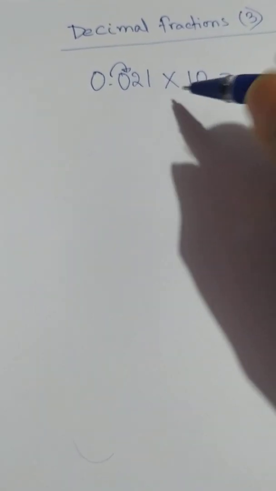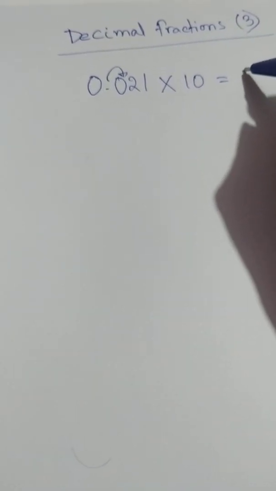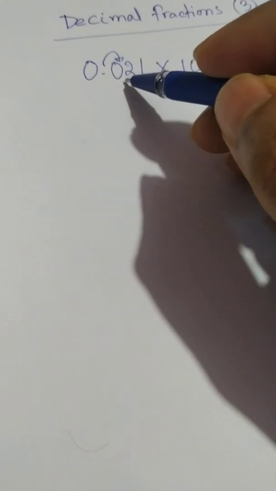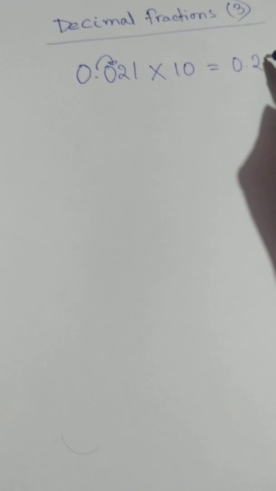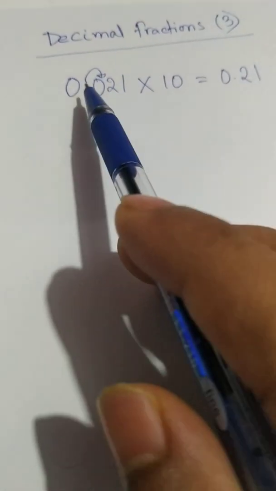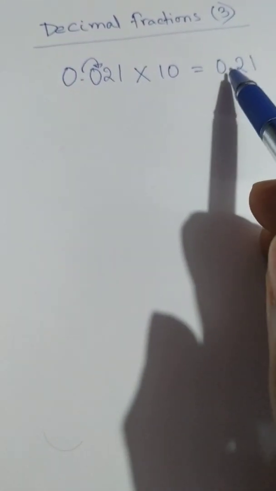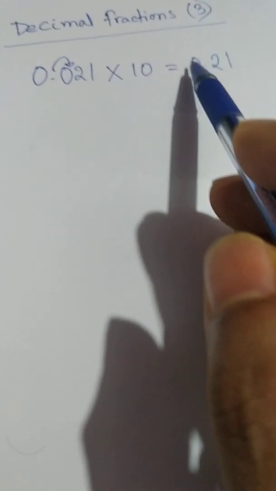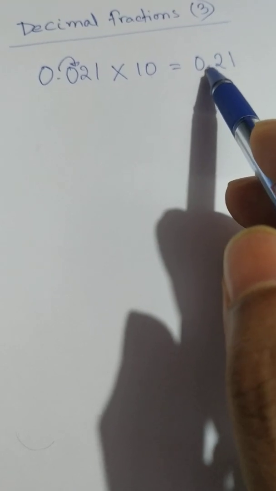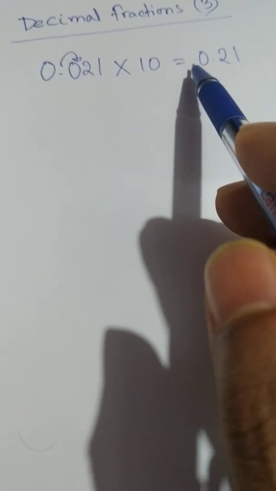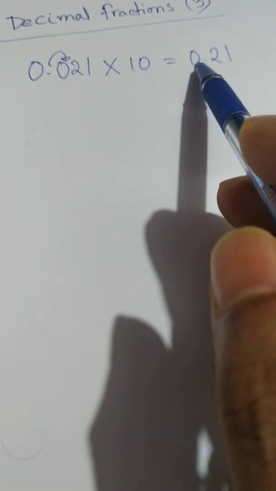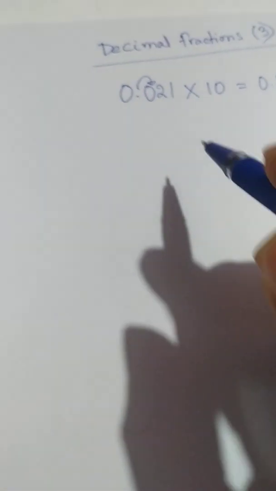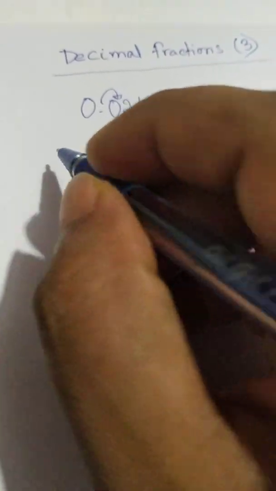So what will be the answer? 0.21, because this decimal came over here, and if there is a 0 in front of a decimal, we don't write 2 zeros or 3 zeros, only 1 zero. Before the decimal, if there is no other number apart from 0, we only write 1 zero. So 0.21.